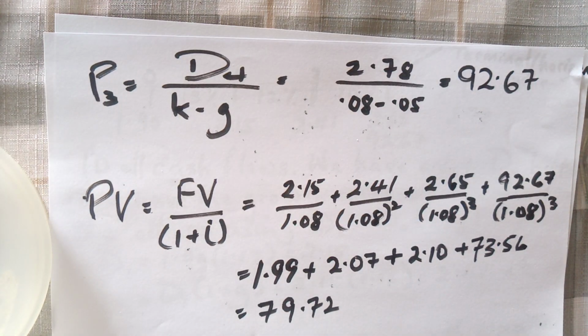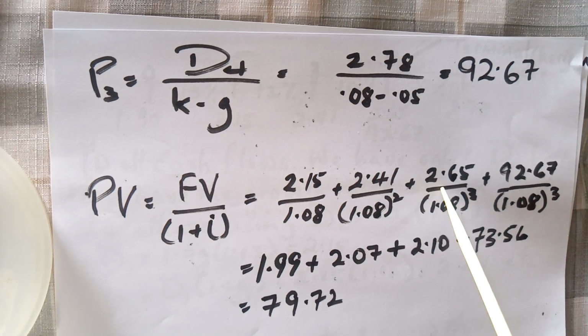The second step is to discount them appropriately. Now, the question asks us to find the value of the stock, the current price of the share. We use the simple lump sum equation, which you are familiar with. It's in the notes. If you're in class, you would have used it already. So here we have dividend 1, 2, 3.